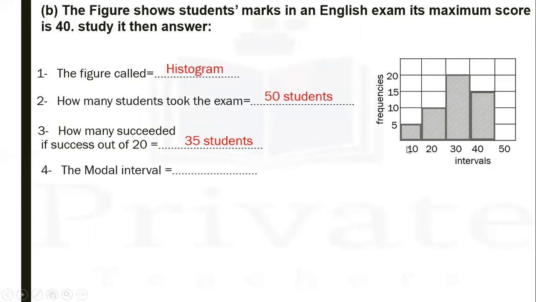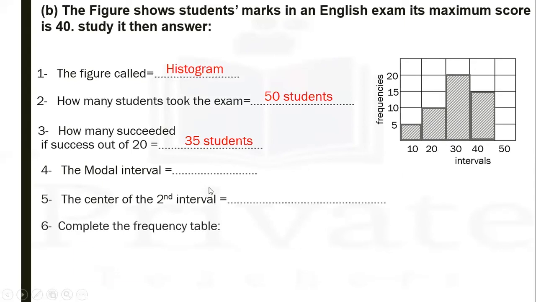The modal interval, we look at the highest frequency. The highest frequency is 20. So the interval for the highest frequency is the modal interval here.